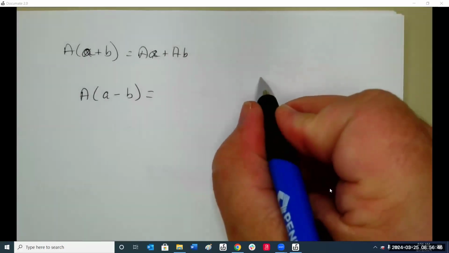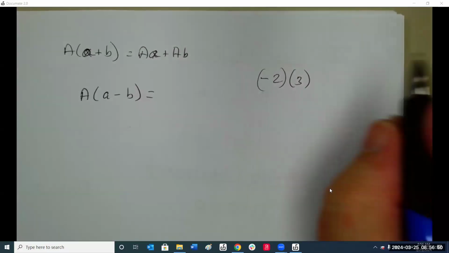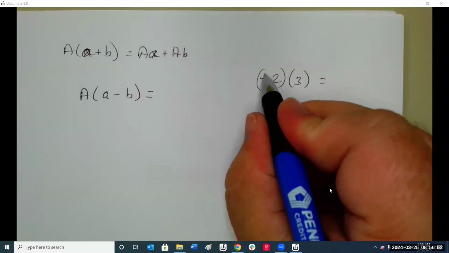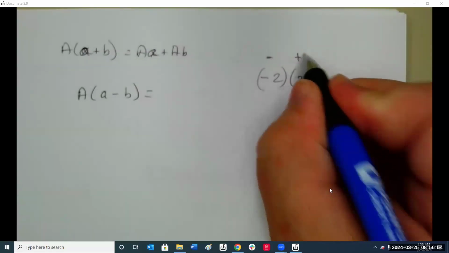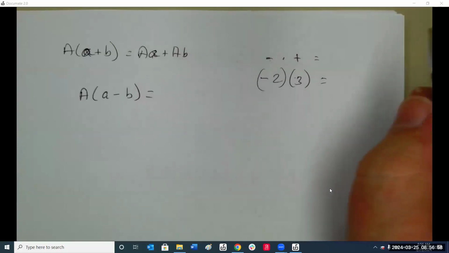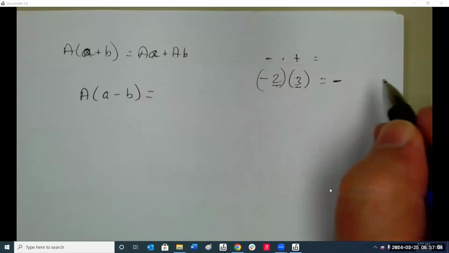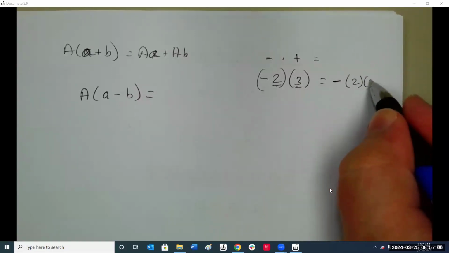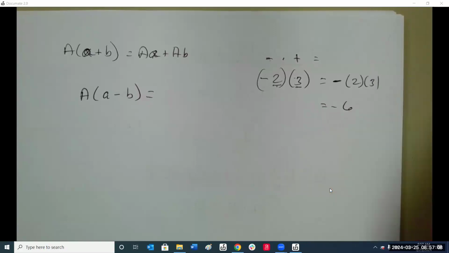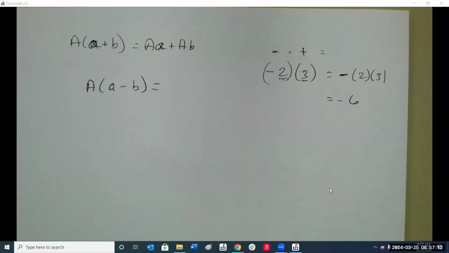In other words, if I had -2 times 3, the first thing you do, this one's a negative, this one's a positive. Negative times positive is a what? It's a negative. So the sign's going to be negative. Don't worry about the signs anymore. Now all we do is worry about the numbers. If you do it that way, the chance of mistakes drops to next to 0.